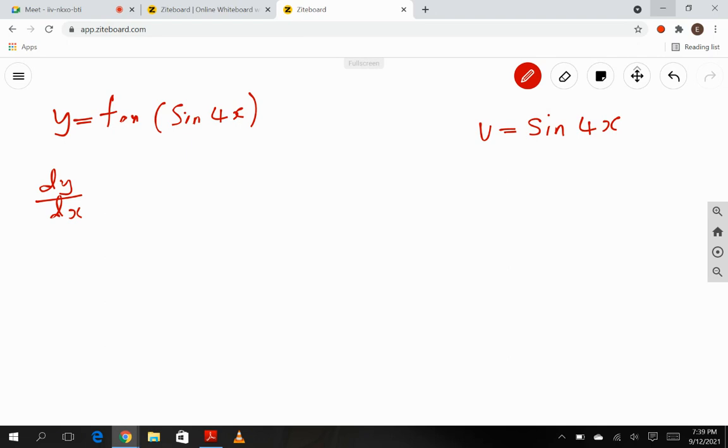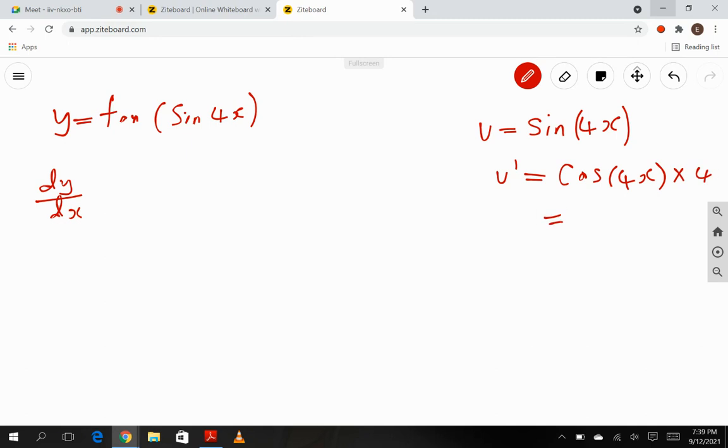So now let's find the derivative of this. How do you find the derivative of this? Again, the same concept, right? You first differentiate this, it becomes cos 4x. Then you multiply by the derivative of what's in the brackets, which is just 4.